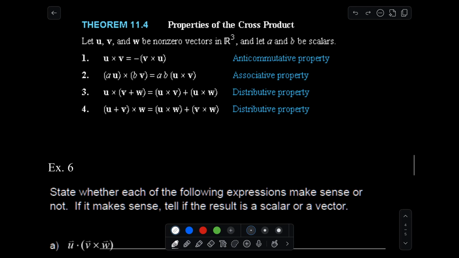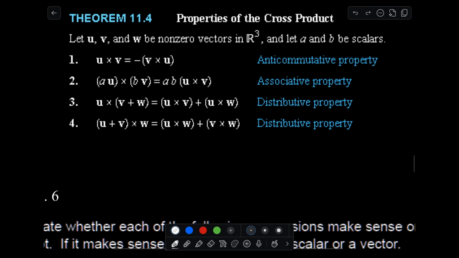And then finally, we're going to go over some of the properties of the cross product. So we have the anti-commutative property. This is the example we did earlier, example 1, where if you cross these two vectors in the opposite order, you get the complete negative direction, right? So that still works. The associative property works because you can pull out the scalar quantities from a vector. You can still multiply them after, so that works completely fine.